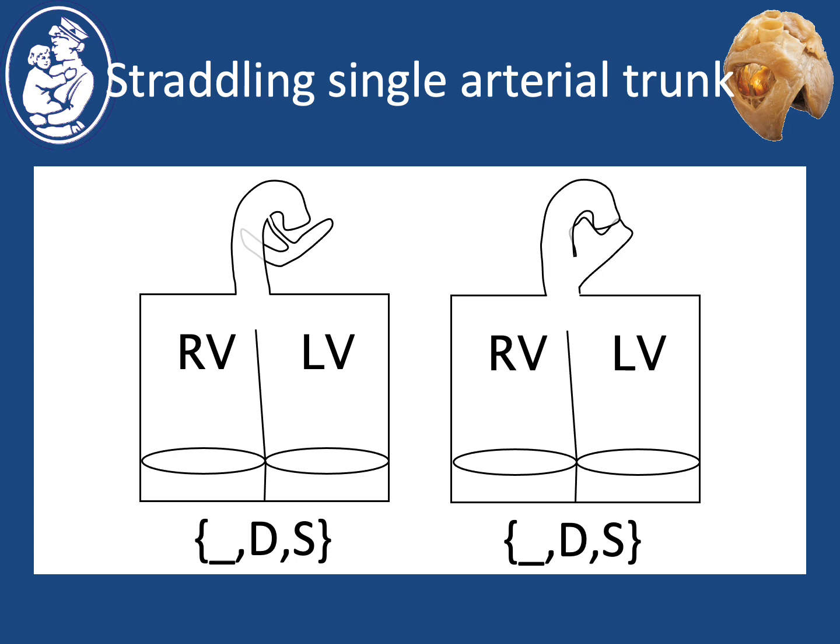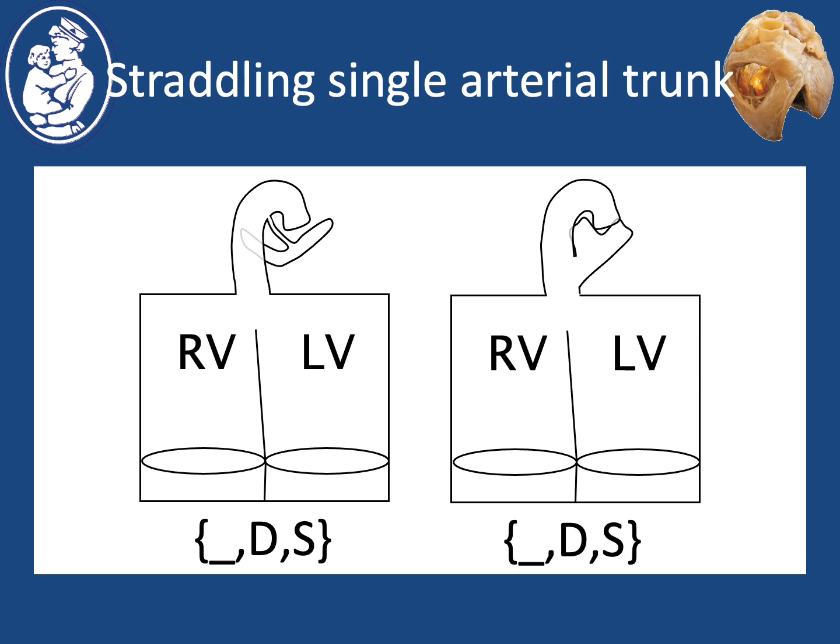Finally, one can have a single arterial trunk arising from the heart. In some cases, this trunk straddles the interventricular septum and receives blood directly from both ventricles, as in tetralogy of Fallot.